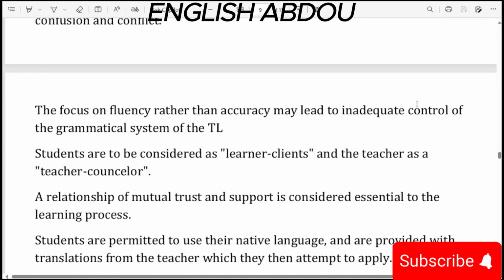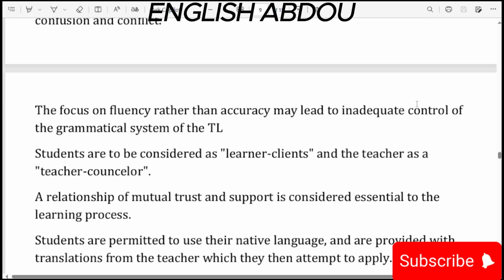The focus on fluency rather than accuracy leads to inadequate control of the grammatical system of the target language. So the teacher focuses more on fluency rather than accuracy. Accuracy is as in the grammar translation method, which focuses more on accuracy.